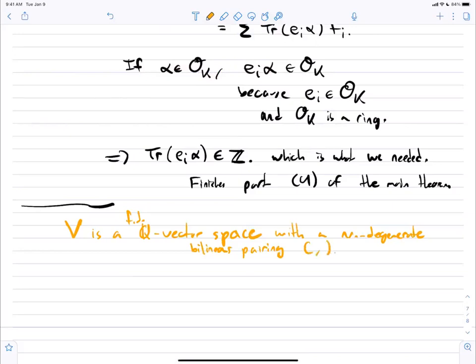Then M inside of V is a lattice, a Z lattice.